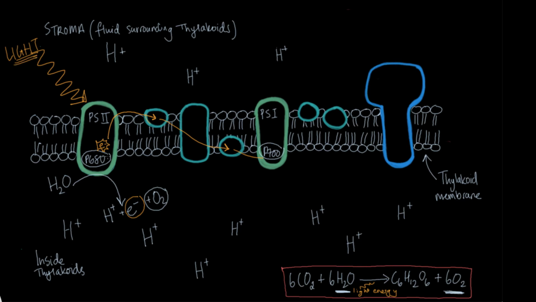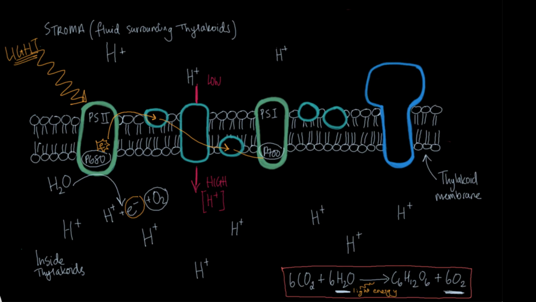As that electron flows down this electron transport chain, the energy from it is used to pump protons from low to high concentration of protons. So against their concentration gradient. That is active transport. It's like pushing a rock up a hill. It requires energy. We've now got a high concentration of protons inside the thylakoid.